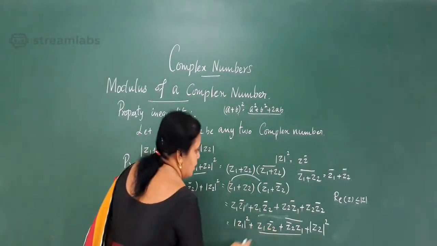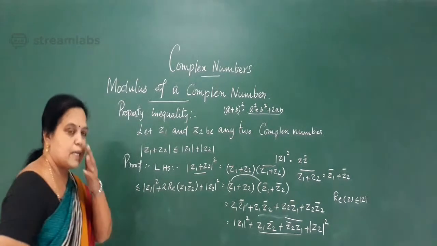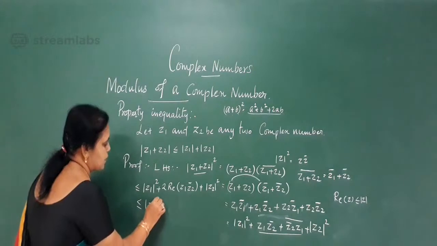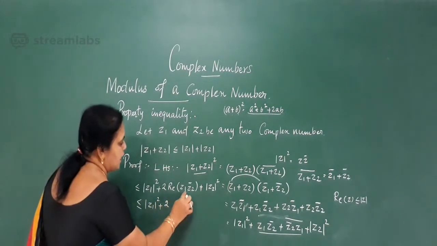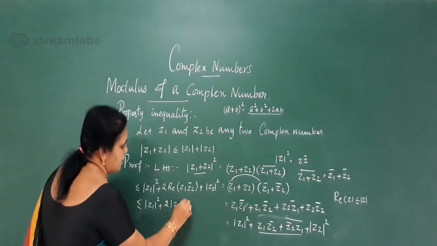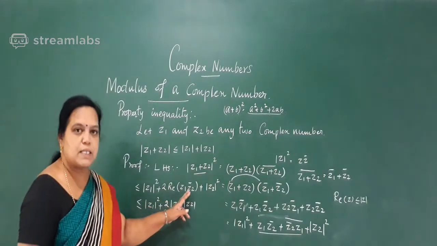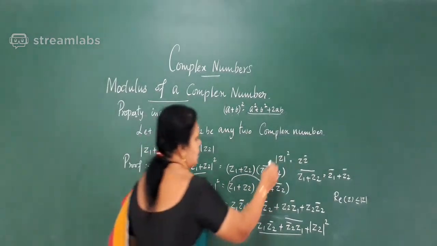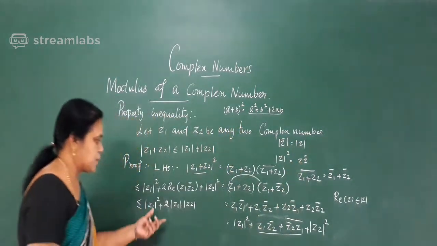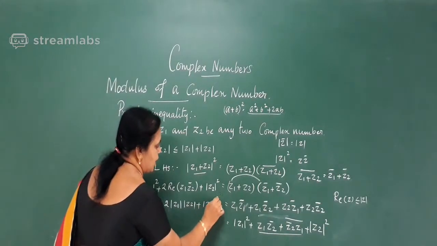Here we wrote the real part, so now we have to write less than or equal to modulus Z1 square plus 2 real part of Z1 Z2, which we can write as modulus Z1 modulus Z2. Why? Because modulus Z bar is equal to modulus Z. By using this property, I am writing here modulus Z2 square.